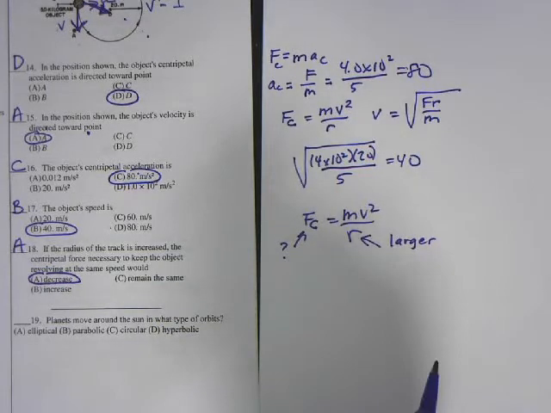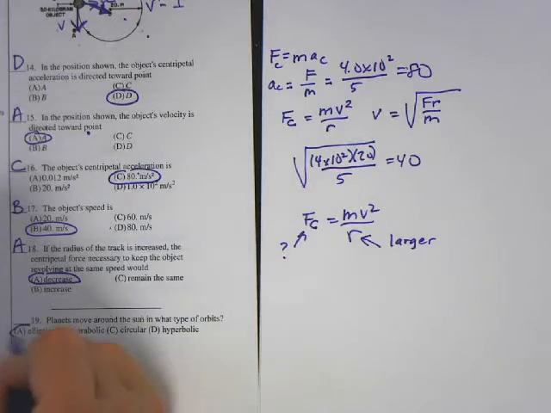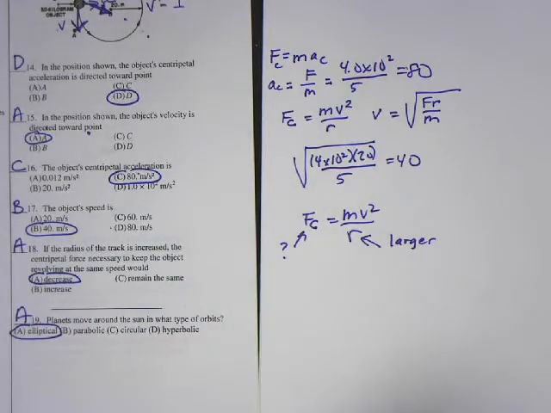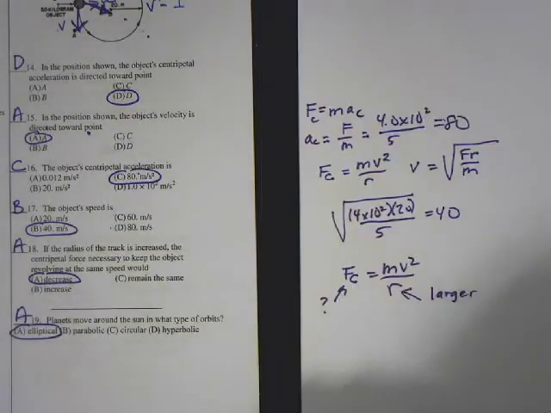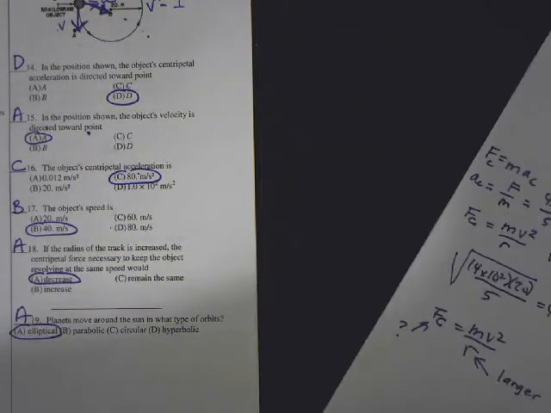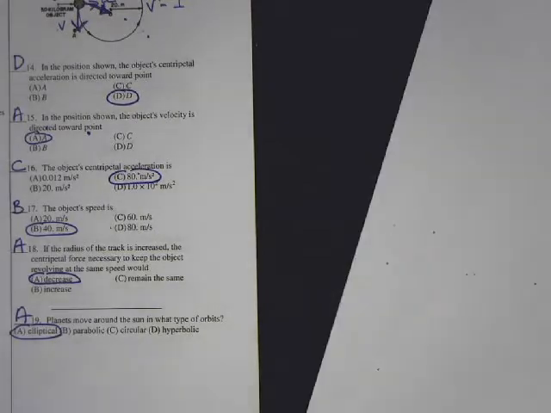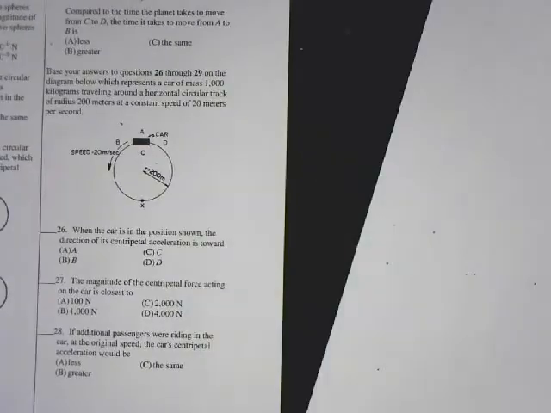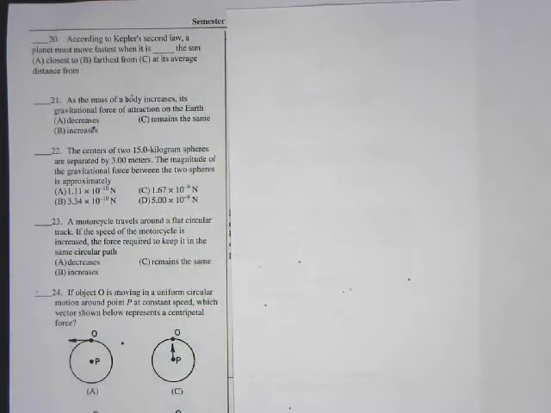Number 19, planets move around the sun in what type of orbits? They're elliptical. That's Kepler's first law. And we have one more page to do. Okay, number 20. This is also on Kepler's law.